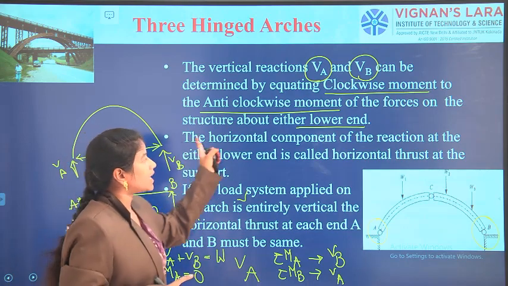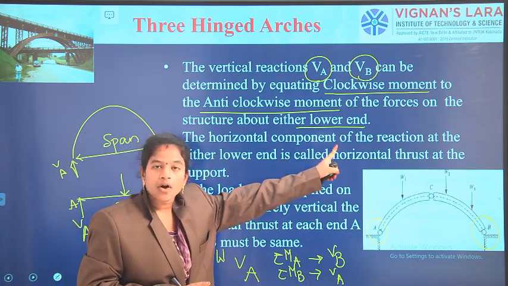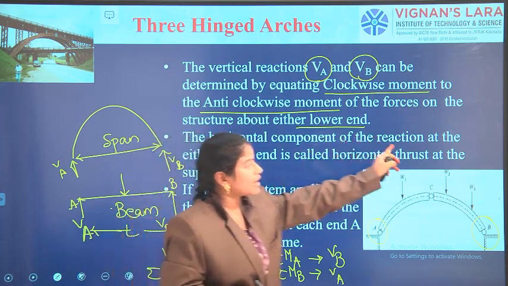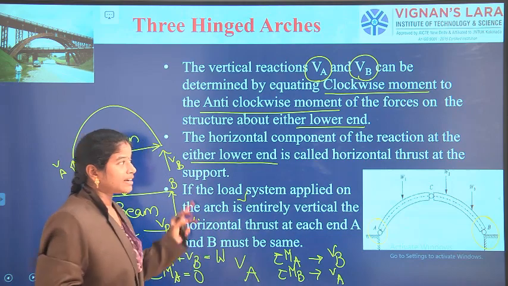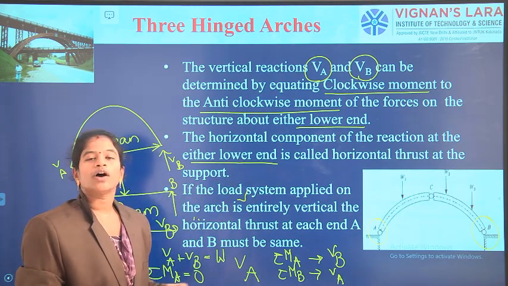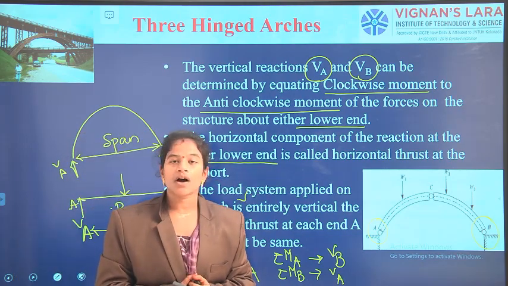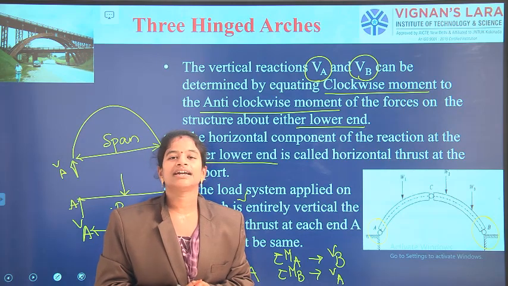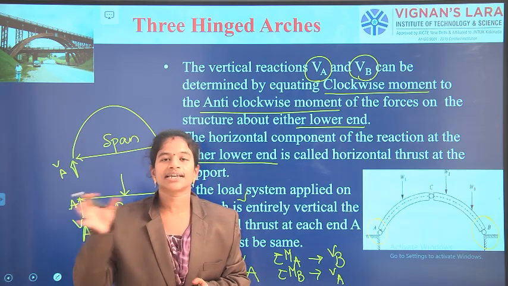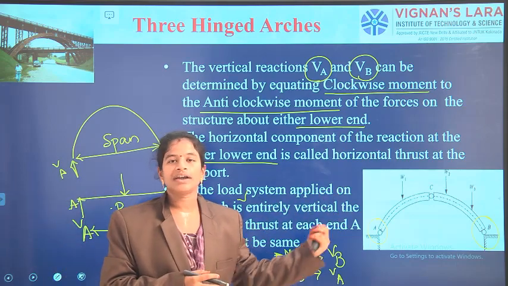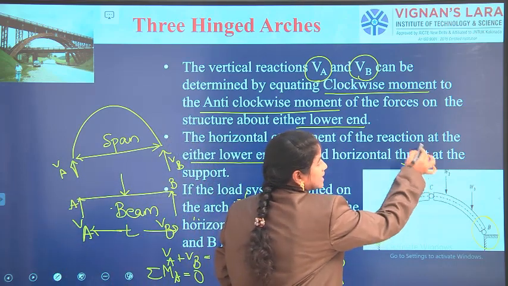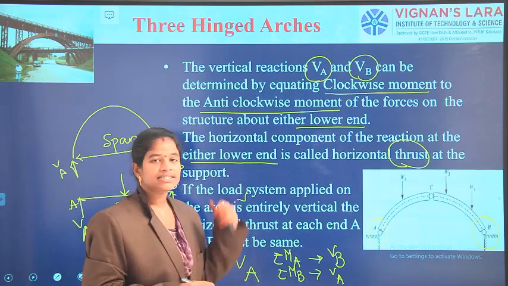Now, the horizontal component of the reaction at either of the lower ends is called, what is the name of the horizontal component? We have given that name as horizontal thrust. The horizontal component of reaction we call horizontal thrust at that support.